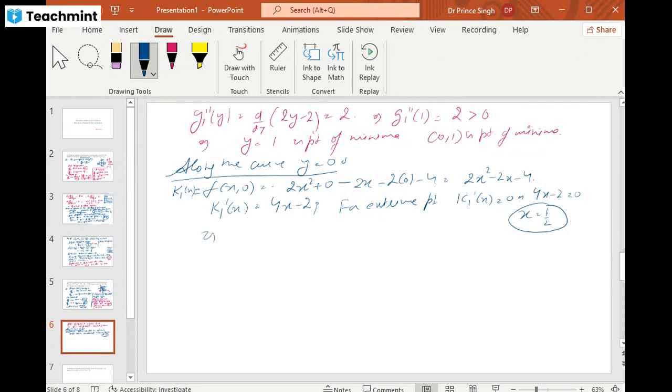It means the point is (1/2, 0), because along this line y equal to 0, the point is (1/2, 0). Now we calculate the second order derivative. k1 double dash x is 4, so its value remains the same for x equal to 1 by 2. Again it is positive, so it means 1 by 2 is the point of minima.